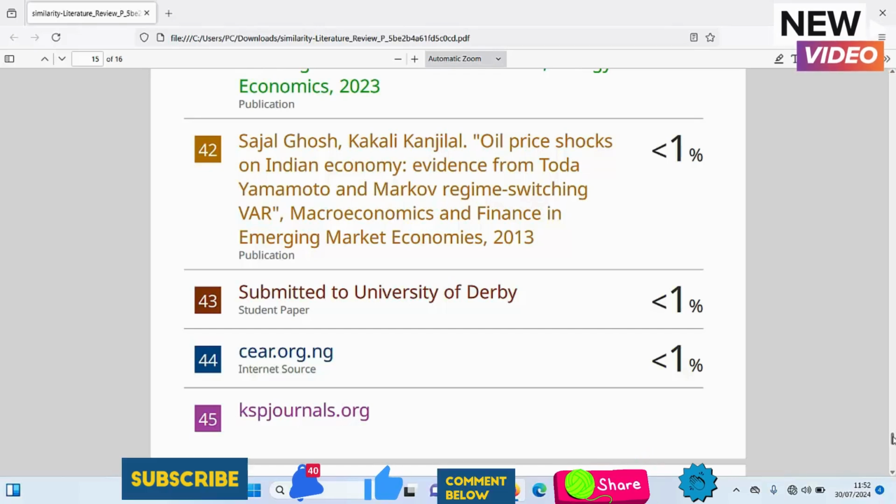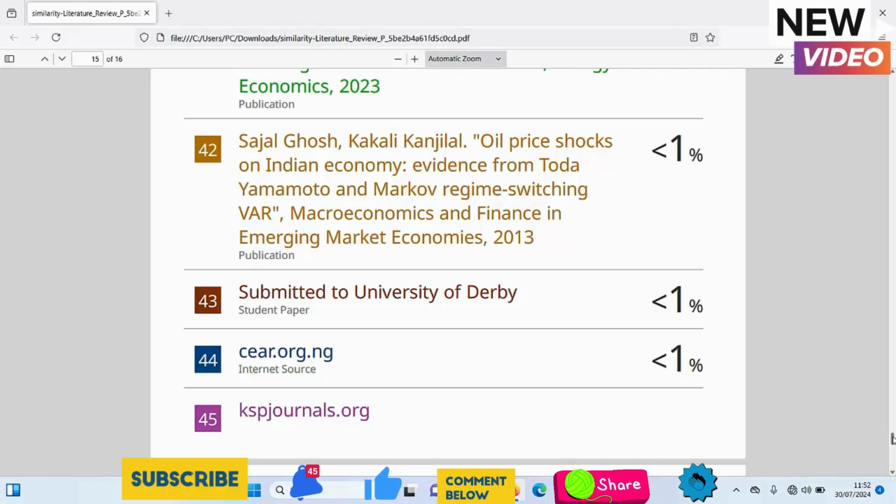So as I said earlier, you need to first find out from your department or your faculty the acceptable plagiarism rate. So once you know the acceptable plagiarism rate, your duty is to work on your own research paper or your thesis projects, whatever it may be.